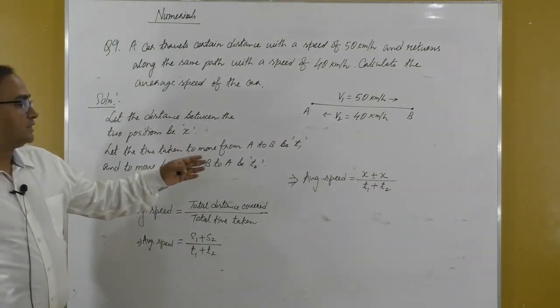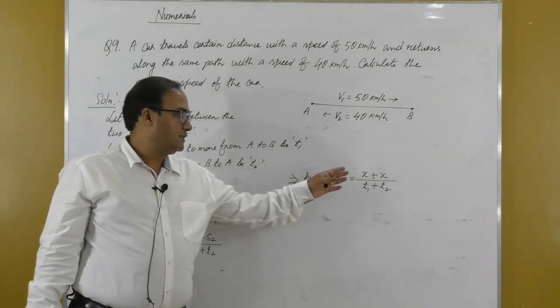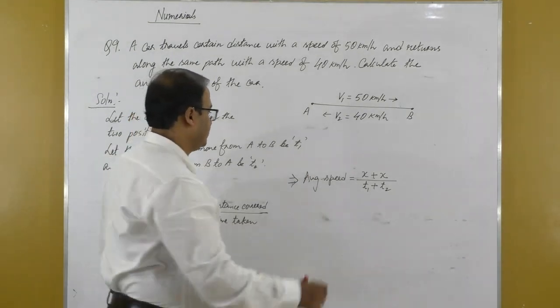So what is the formula for average speed? Average speed is x plus x by T1 plus T2.